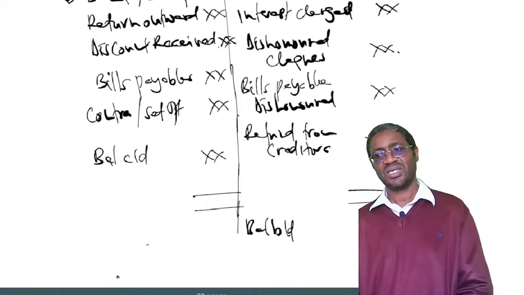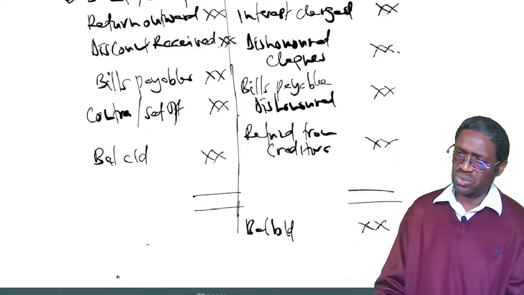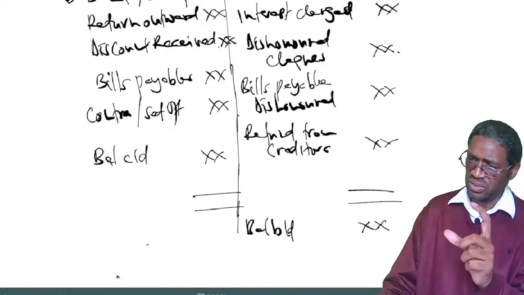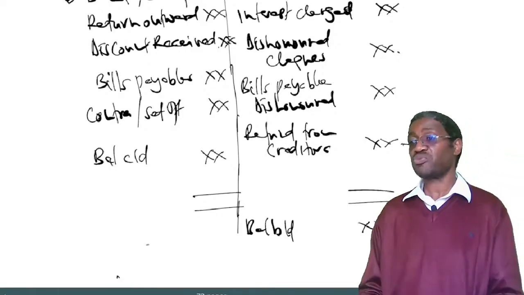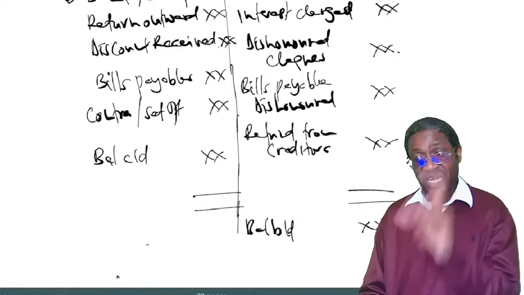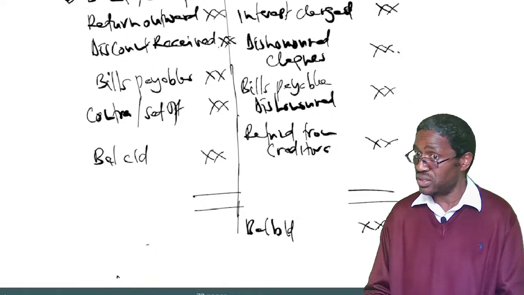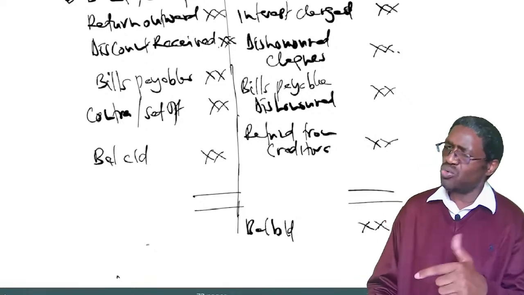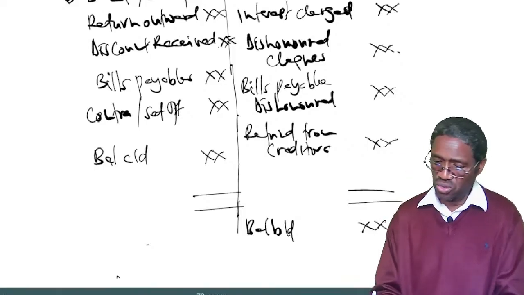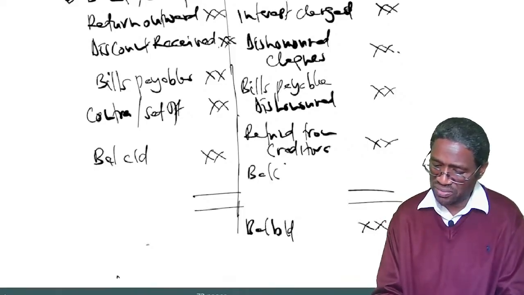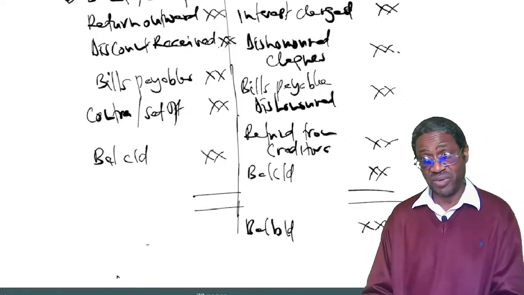If the question tells you that we have a debit balance of creditors by the end of the year, a debit balance is to be brought down on the debit side. But again, by the end of the year, you cannot have a brought down without a carry down. So you will say balance carry down, whatever it is, by the end of the year first.